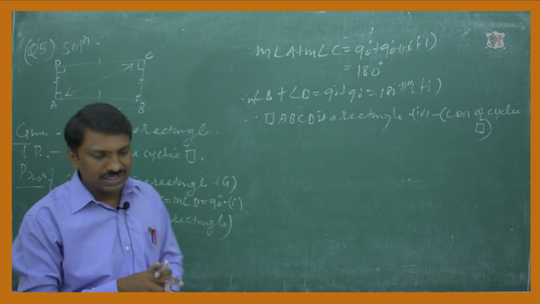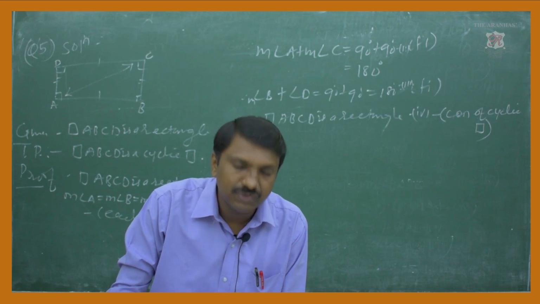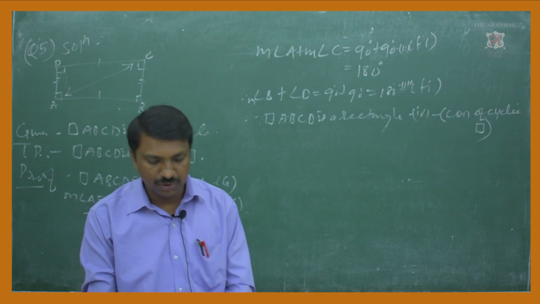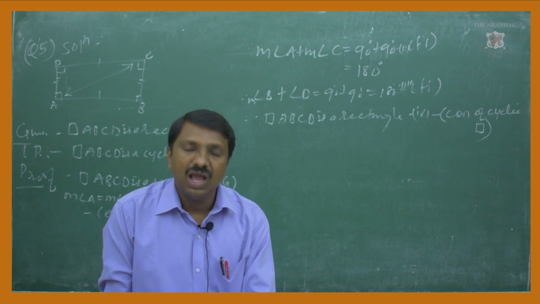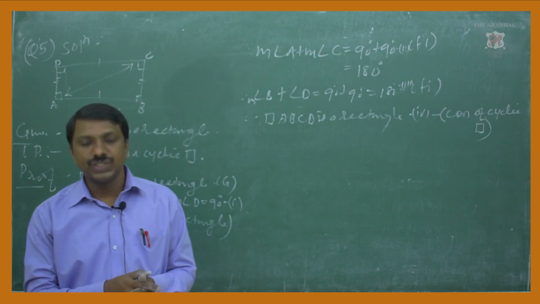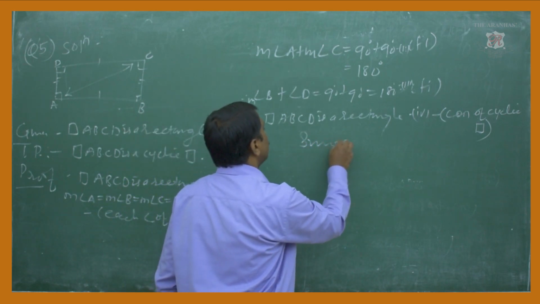I hope in today's session, whatever we discussed, that is practice set 3.4, question numbers 2 to 5, we completed and you understood well. In summary, which concepts did we use? In short, I'll say the summary.